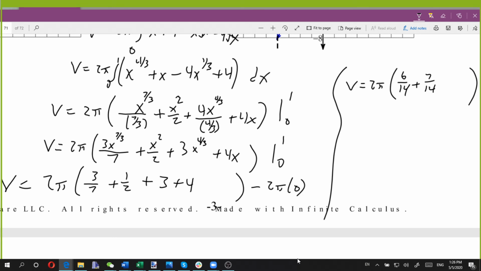Okay, and then 3 and 4 is 7, plus 7 multiplied by 14 over 14. So if we add straight across, I've got this. What will happen?